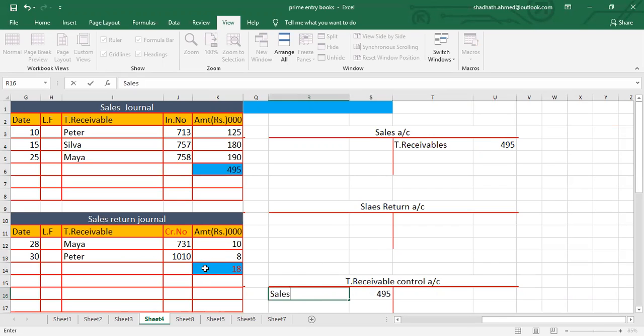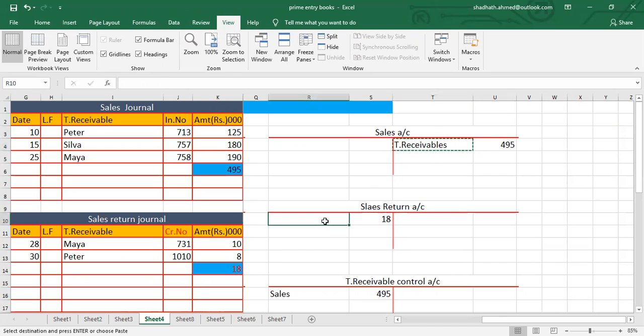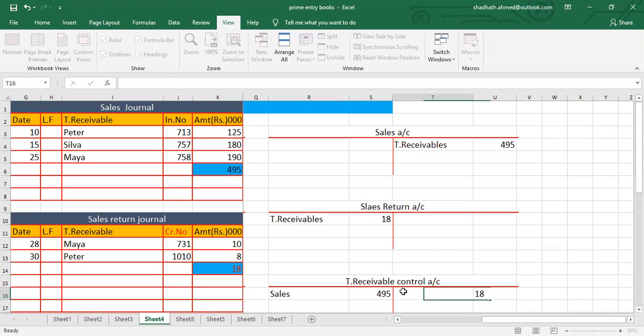Likewise, sales return 18, it comes opposite to sales, but not in the sales account. It comes to sales return account debit 18, and goes to trade receivable account credit 18, that is sales return.